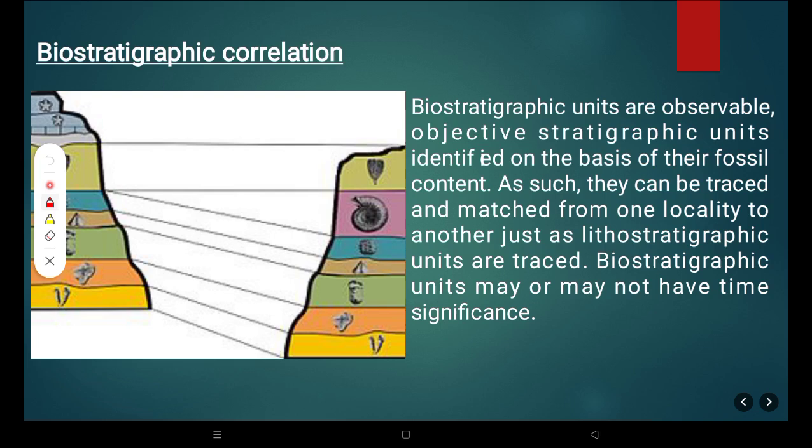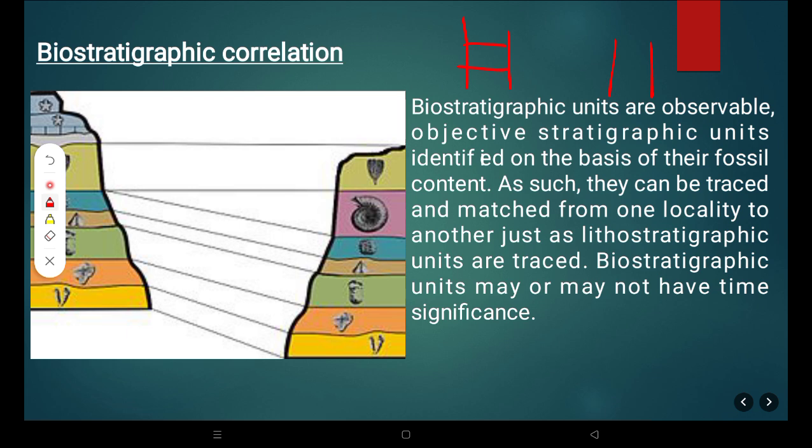So biostratigraphic units are observable, identified on the basis of their fossil content. As such, they can be traced and matched from one locality to another, just as lithostratigraphic units are traced. How do we correlate lithostratigraphically? Suppose here one rock is there, here one rock is there.